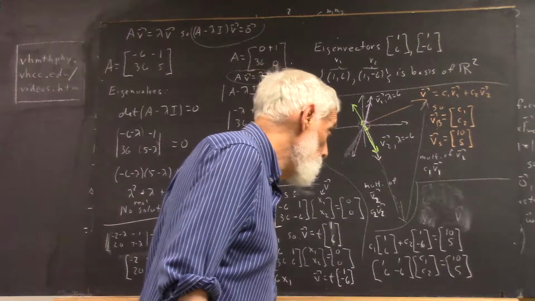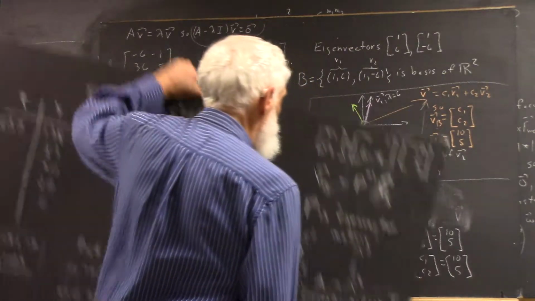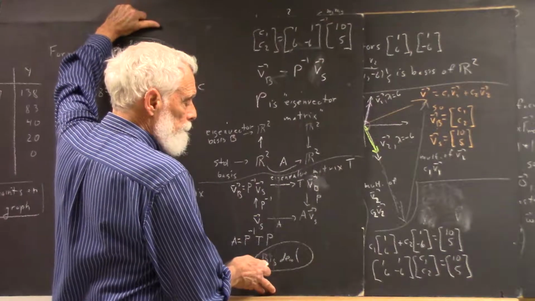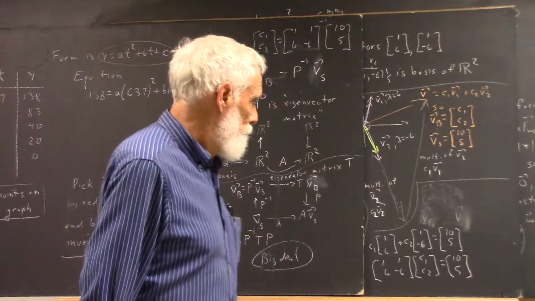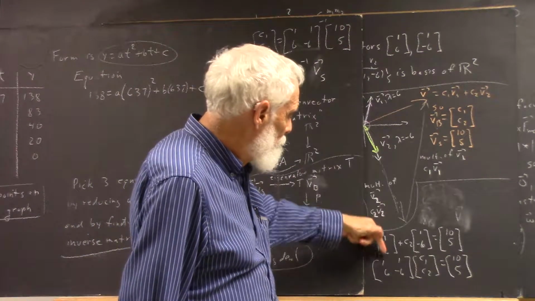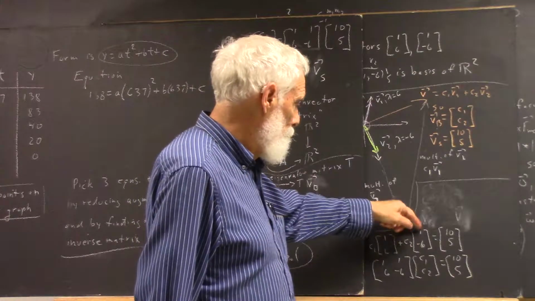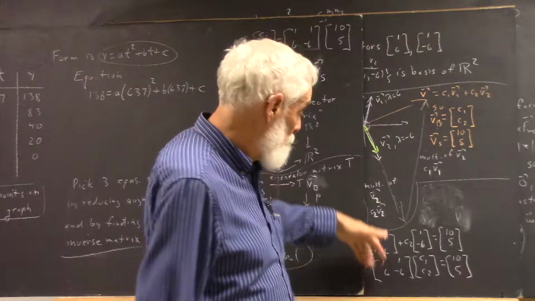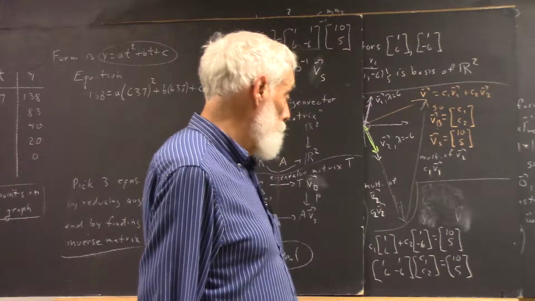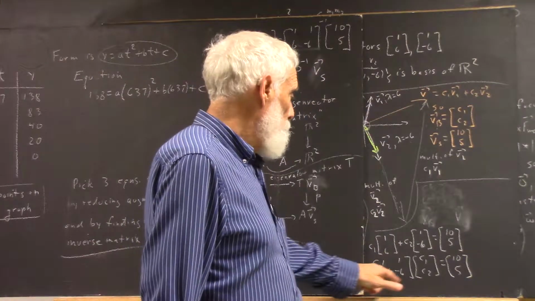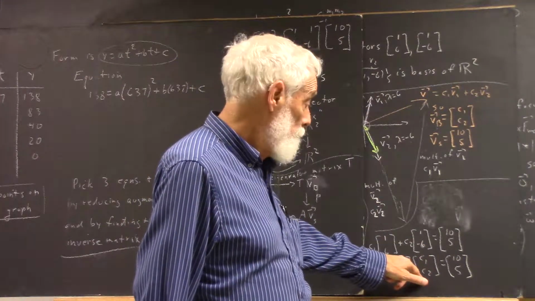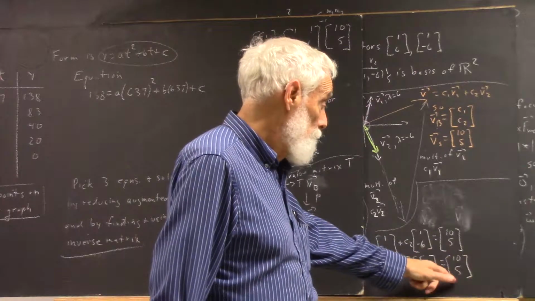Very straightforward. And you notice that in this matrix, this eigenvector is in this column, and this one is in this column. So we just have a column of eigenvectors matrix. If we multiply that by the C1, C2, we're going to get 10, 5.